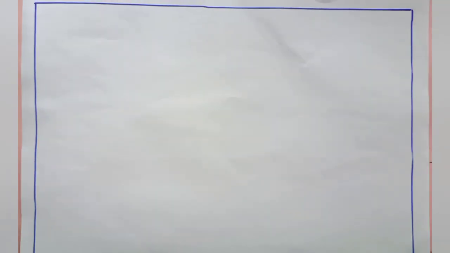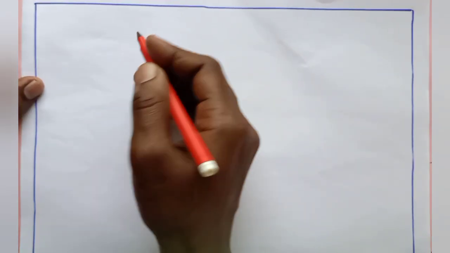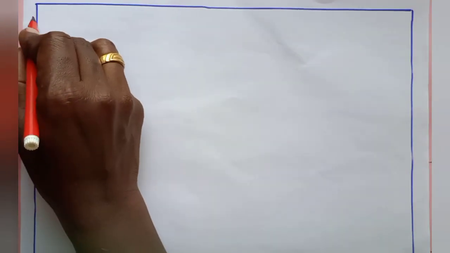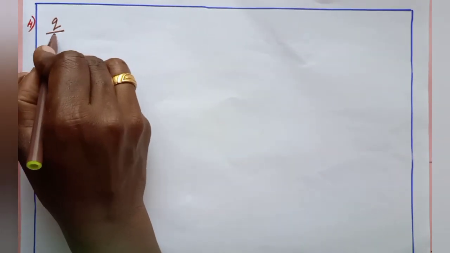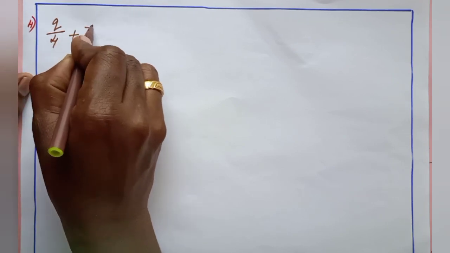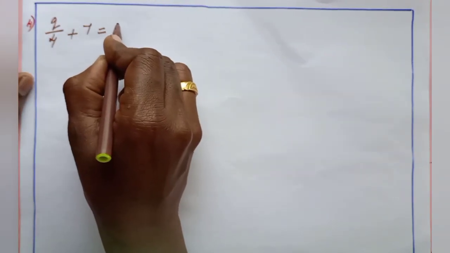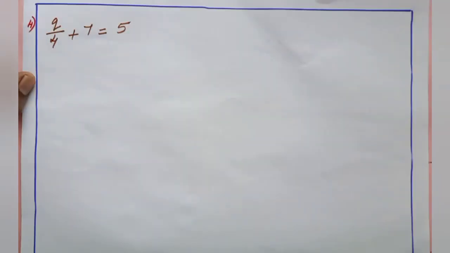Okay, listen to the fourth question. Q by 4 plus 7 equal to 5. Q by 4 plus 7 equal to 5.